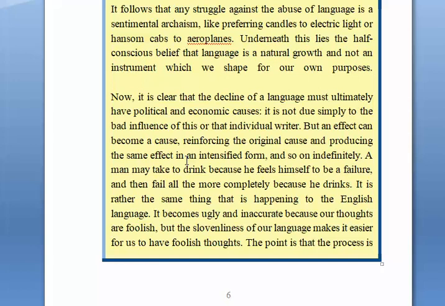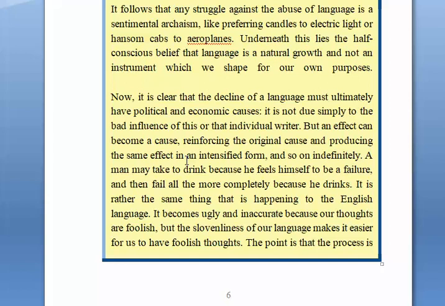It is not due simply to the bad influence of this or that individual writer, but an effect that becomes a cause, reinforcing the original cause and producing the same effect in an intensified form, and so on indefinitely. A man may take to drink because he feels himself to be a failure and then fail all the more completely because he drinks. It is rather the same thing that is happening to the English language.